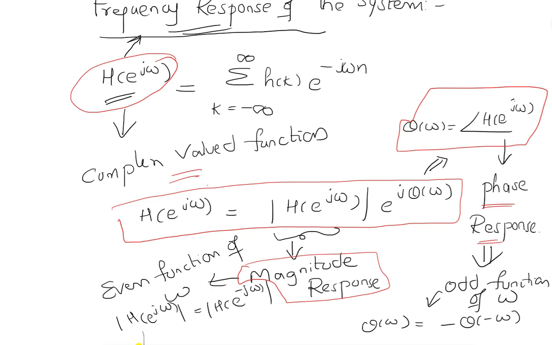With this magnitude response and phase response, we can plot the magnitude response of H of e to the power of j omega and theta of omega. So this is an introduction to the frequency response of the system.